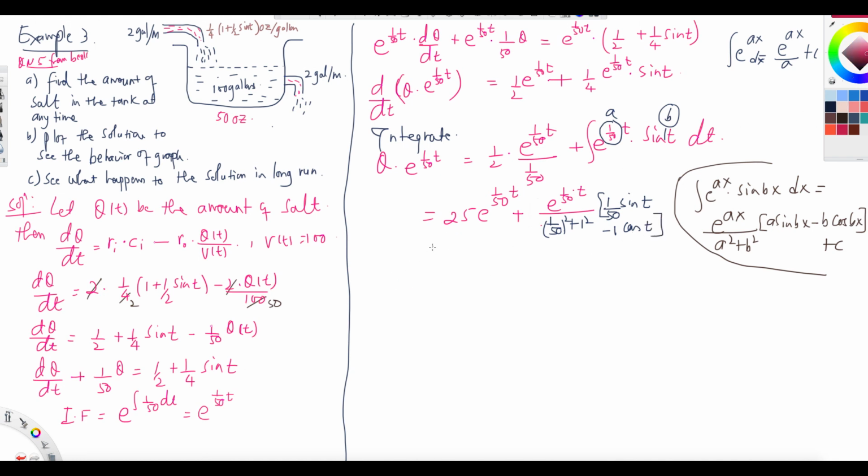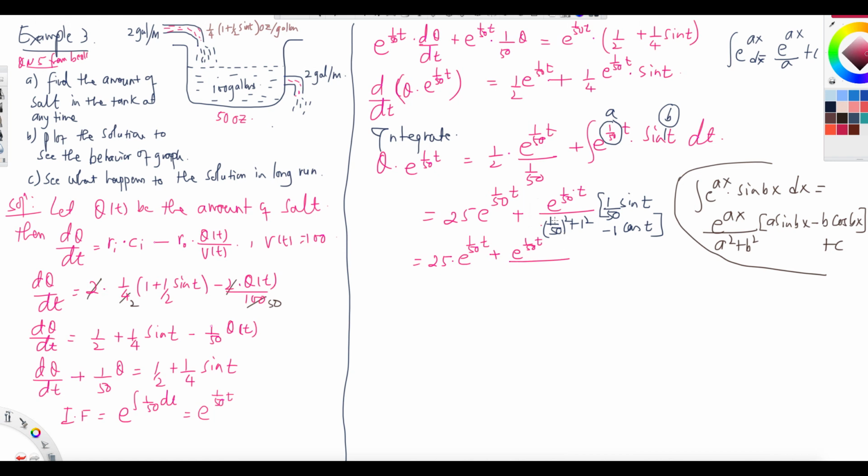So ultimately what you get here, let me write it down in a better format, okay? So what you get is 25 times e to the 1/50 t plus e to the 1/50 t divided by, what is 1/50 square?